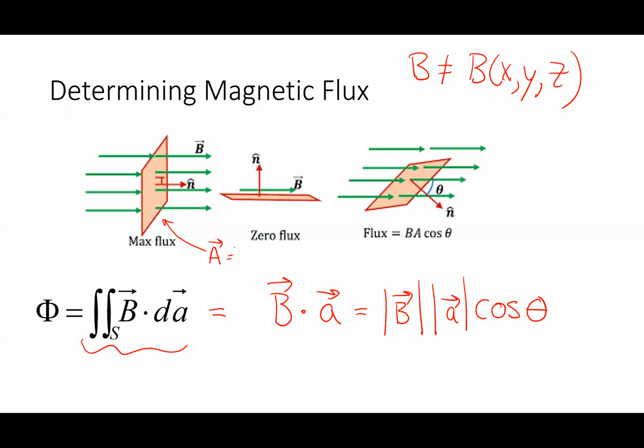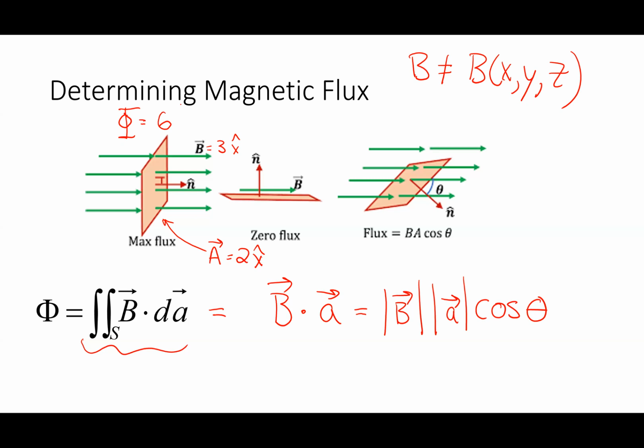How would I write the A vector? 2 x hat. And the B field, let's say in this case, was 3 x hat. So what would the flux be in this case? Phi would be equal to 6.